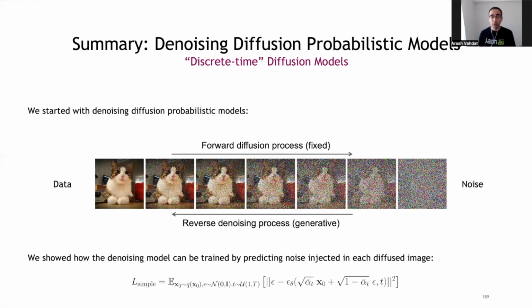I also talked about how we can train these diffusion models by simply generating diffused samples and training a network to predict the noise that was used to generate diffused input images.